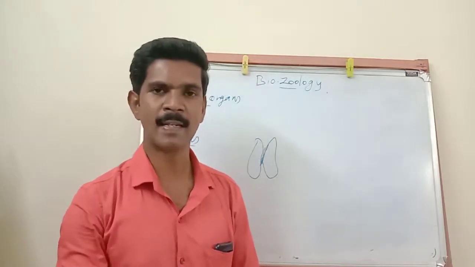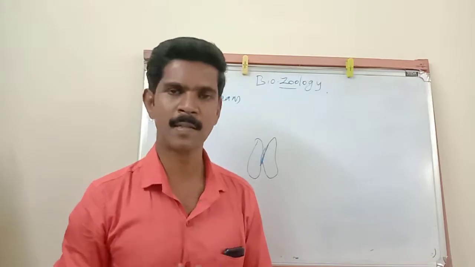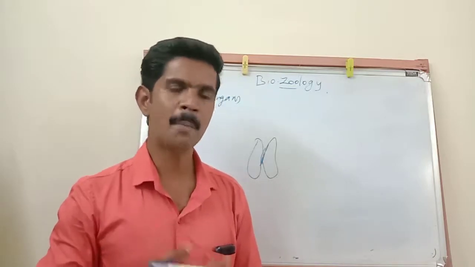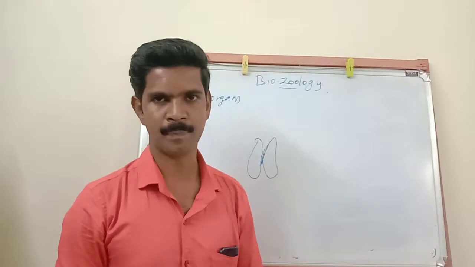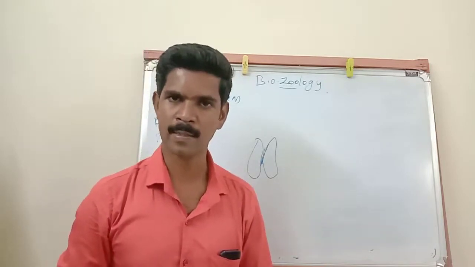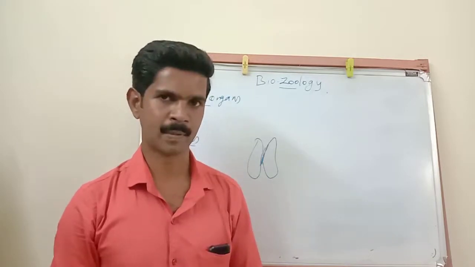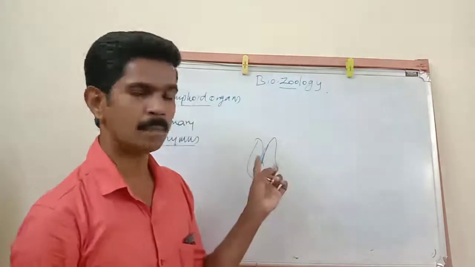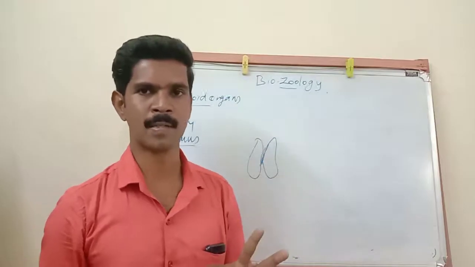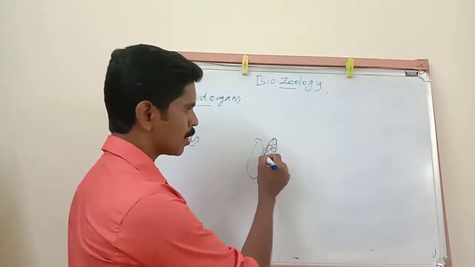It is present at the back side of the sternum. Sternum means the one large bone present in this region. So the location of the thymus is the back side of the sternum, above the heart. I already told you it's a bilobed organ, two lobes are present. Inside both lobes, many small lobules are present.